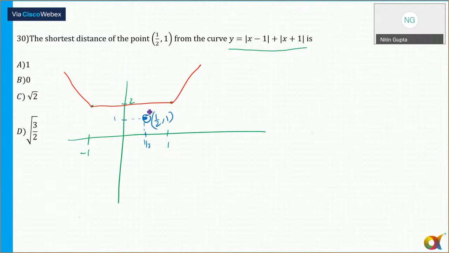So I think this is the shortest distance, which is 1. So the answer is option A, which is 1. Now tell me, was it easy or difficult? If you draw the figure, then you will get the answers quickly. Isn't it? How many of you are done by using drawing just the graph? किया था ना? Okay.